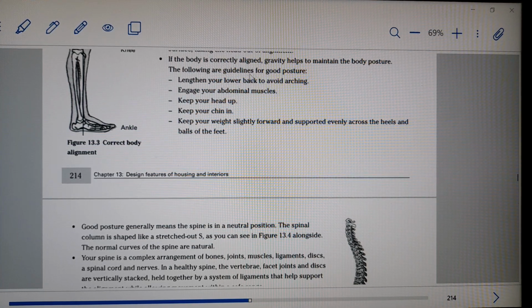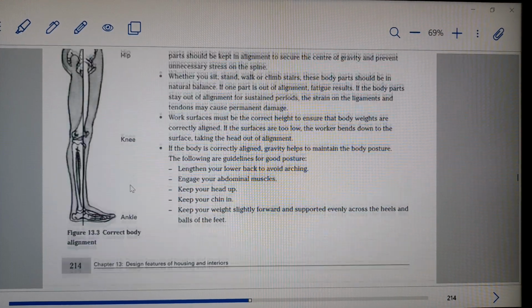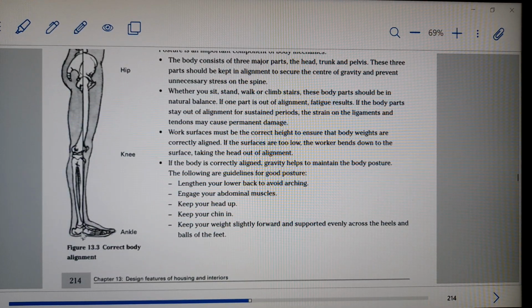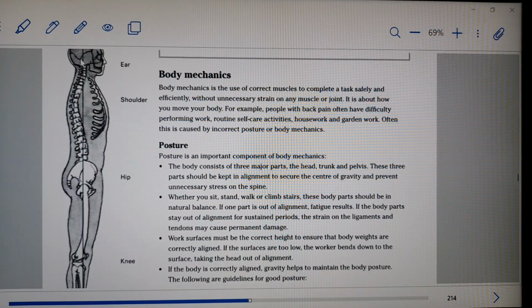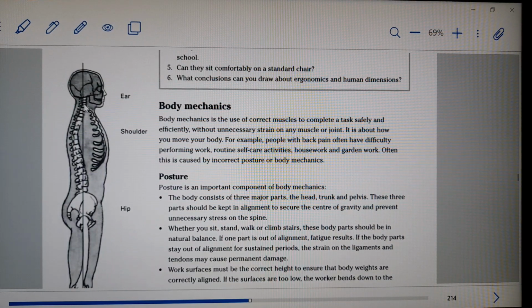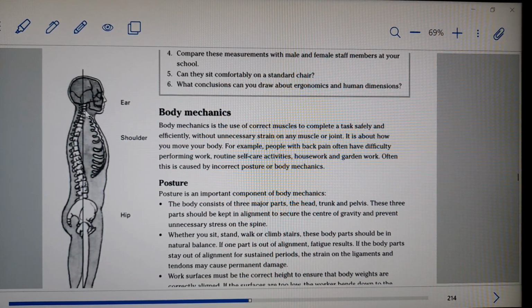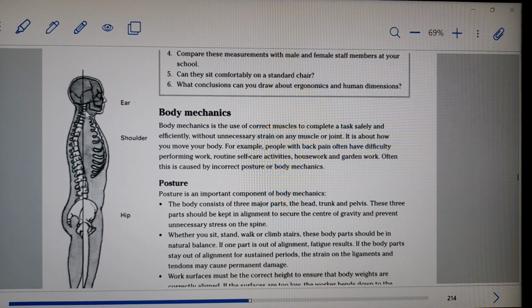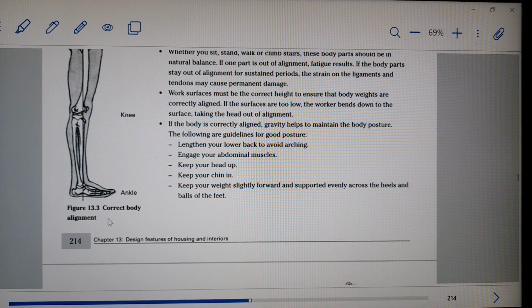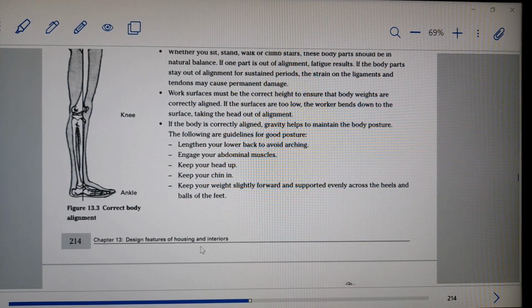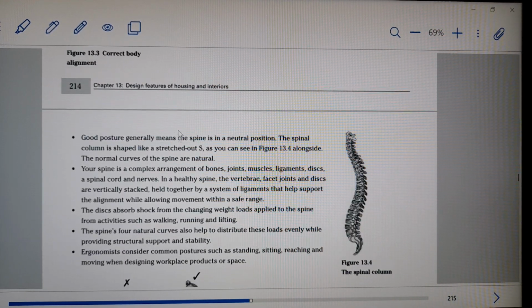And we see the picture here of correct body alignment. From your ankle, your knee, your hip, and this part of the neck, everything is in a straight line. So that is a representation of the correct body alignment.